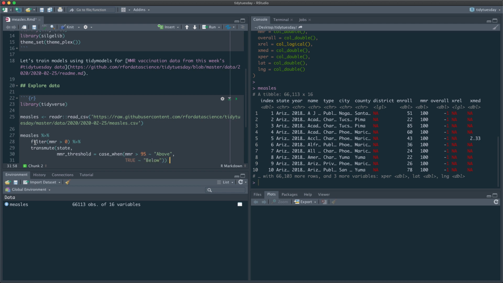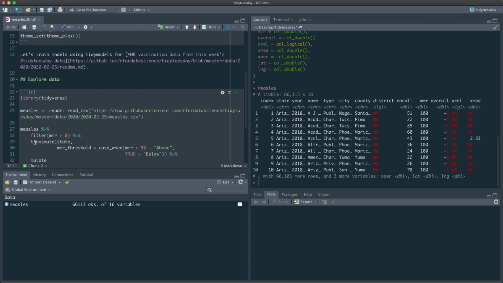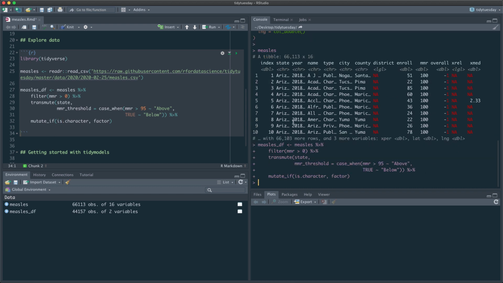And then since we're going to be doing modeling, let's mutate_if is.character factor, so that anything that is a character, which in this case is just one thing, we change to a factor so that we can do some modeling with it.